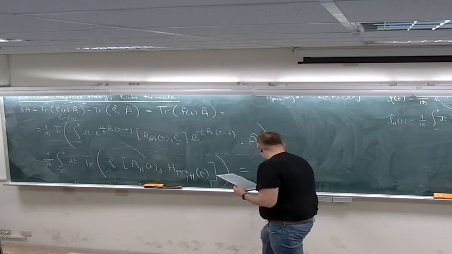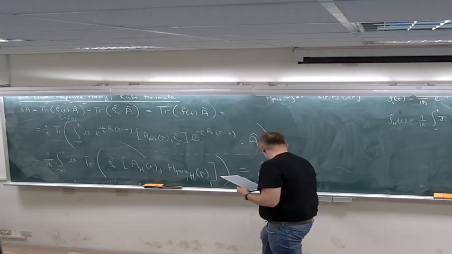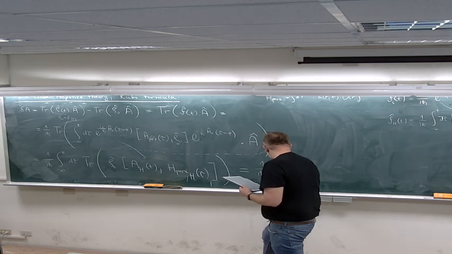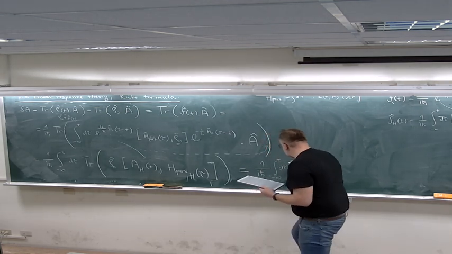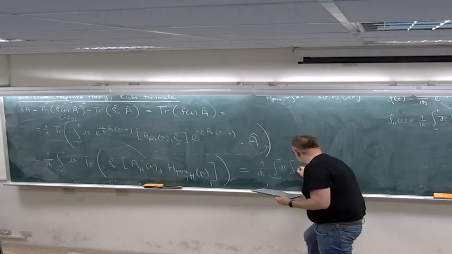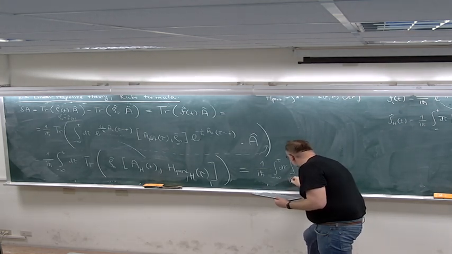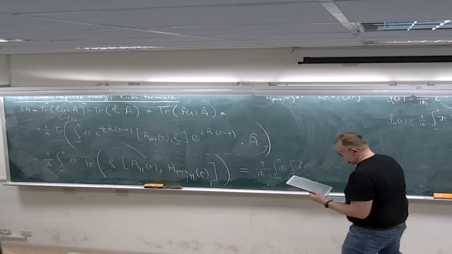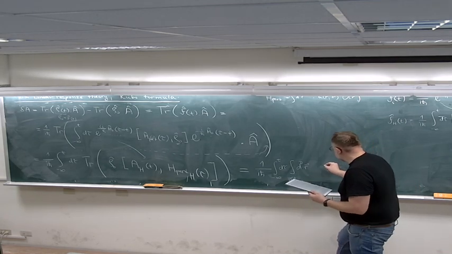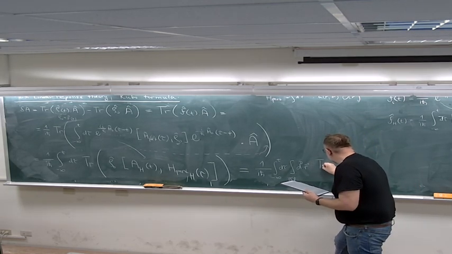And this will be the integral from minus infinity to time t, integrated over tau, and the integral over the whole volume. So I'm not writing from minus infinity, but it's a multi-dimensional integral in principle, over the volume of your system. And then I have this trace which I had before.